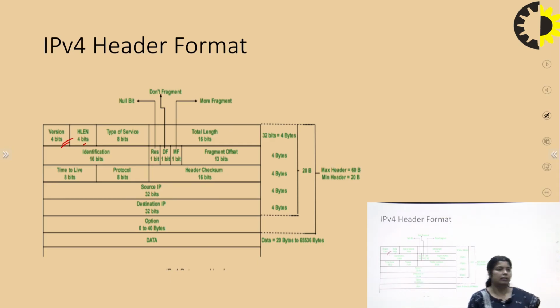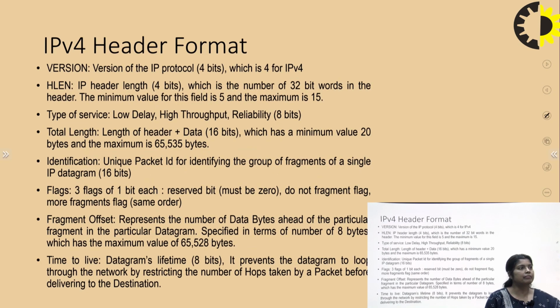HLEN is the header length, 4 bits, and the type of service tells which type of service you are using. In the header length, the value is a maximum of 5 to 15, and the type of service covers high throughput and reliability.